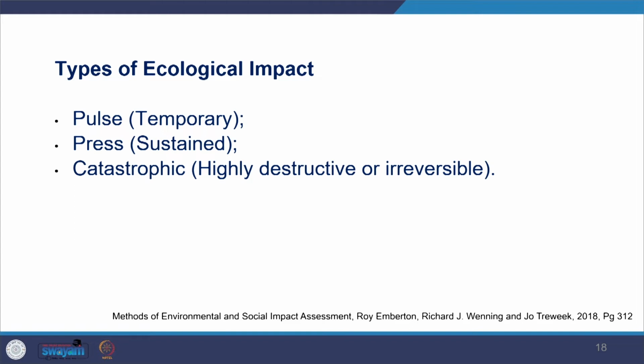We often give very negative examples, but development can have both negative and positive impact on the ecology, and it can create habitat, and one can also have a good management system in place.